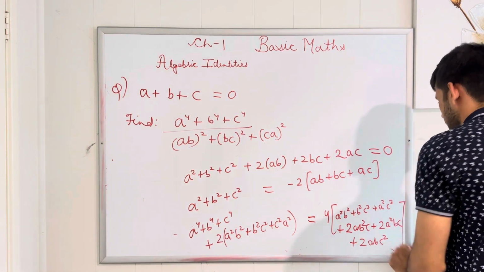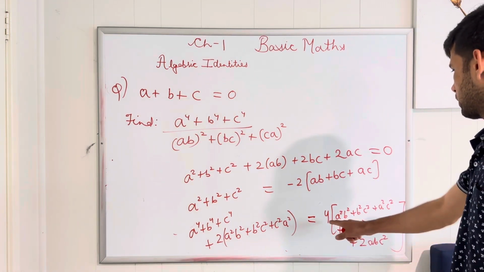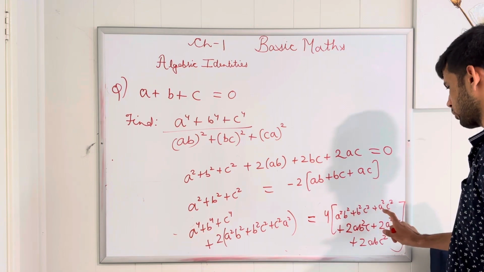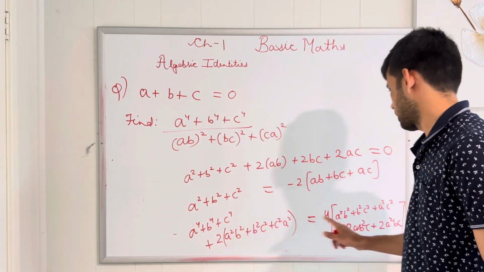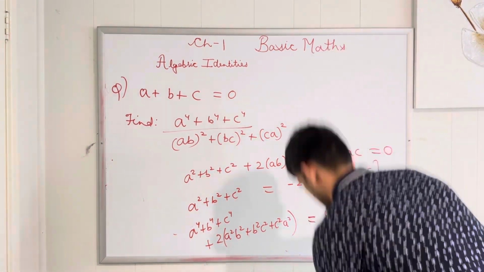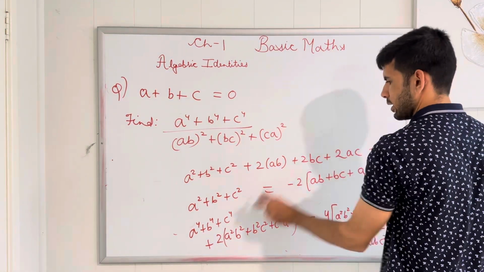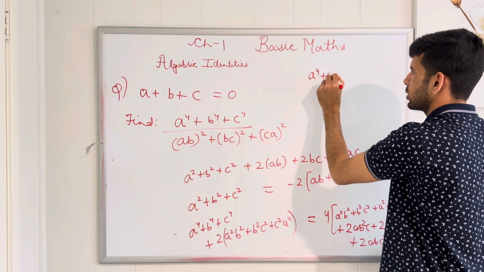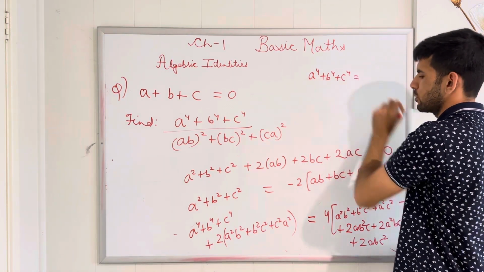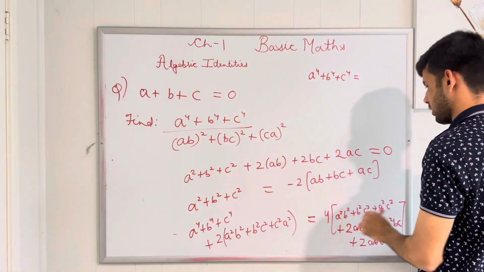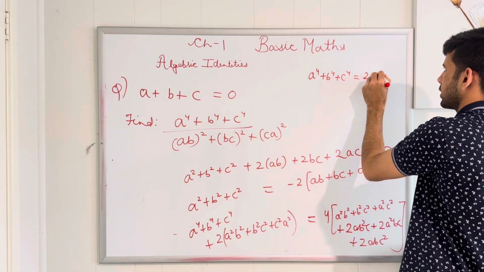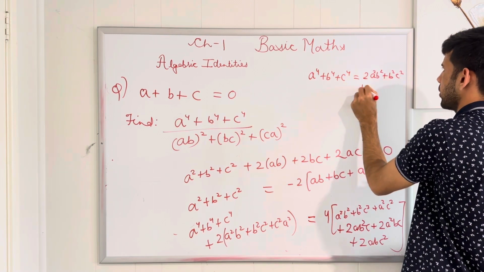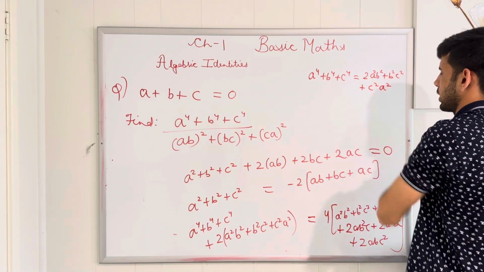So, and now if you look at it, this is 4a square b square, and this is 4b square c square and 4c square a square, so they will get subtracted. So if I solve it on the top, these terms a to the power 4 plus b to the power 4 plus c to the power 4 will be equal to this one, 2 times a square b square plus b square c square plus c square a square.